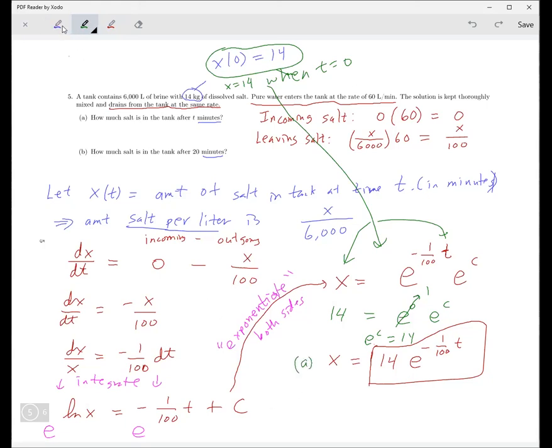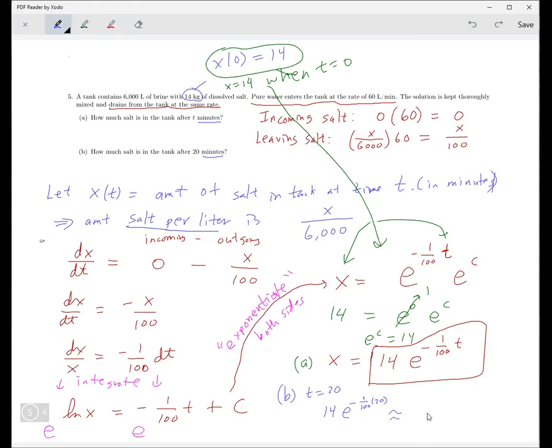And then for part B, how much salt is in the tank after 20 minutes? You set t equal to 20. So the answer will be 14 e to the negative 1 over 100 times 20. So replace that t with a 20.